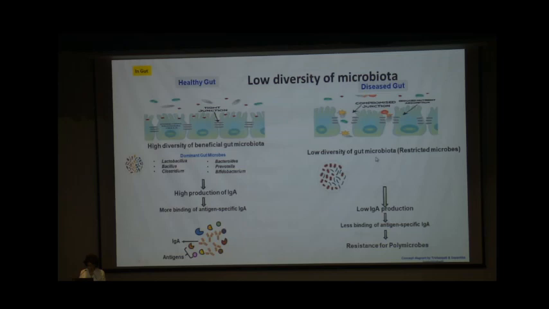In diversity also, there is a low production of the crop diverse and less binding of the antigen specific IgA, which creates the resistance to the polymyxin.